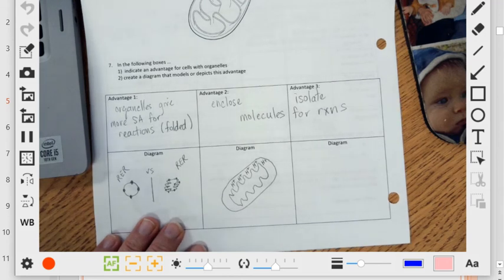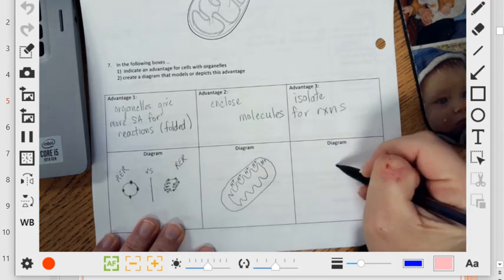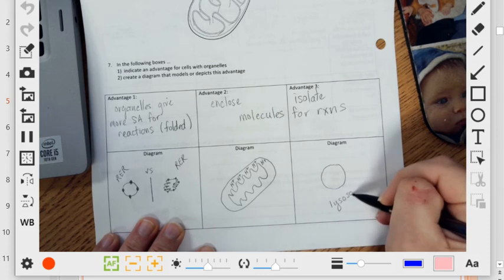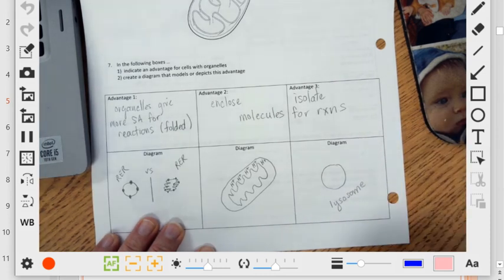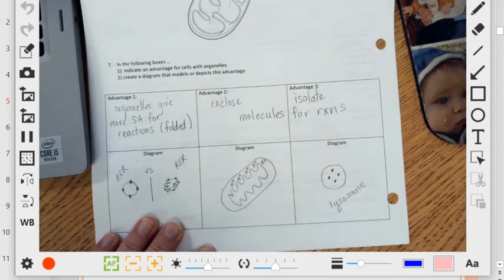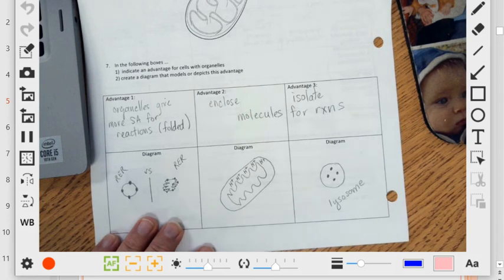Okay. Now, as for the isolation, let's add a little something to that. Let's talk about a cell part, the lysosome. And if you remember, lysosome is the cleanup crew of the cell. They contain these digestive enzymes that can break down molecules. The problem is those digestive enzymes break down proteins, carbs, lipids, and nucleic acids.